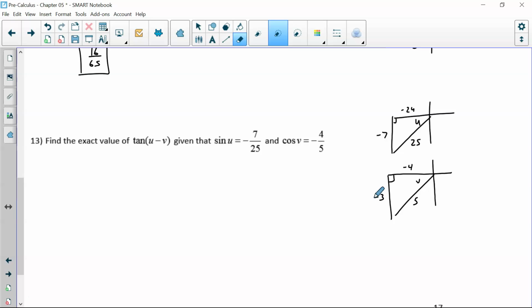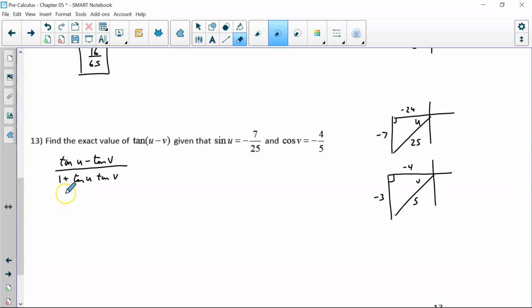Now, tangent of u minus v, that's the tangent of u minus the tangent of v over 1 plus tangent u tangent v. So we fill in our values. Now the tangent is opposite over adjacent.